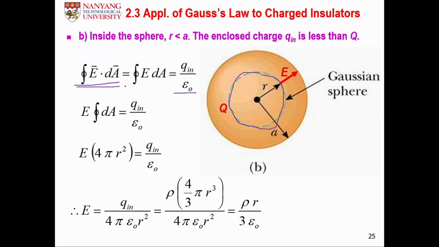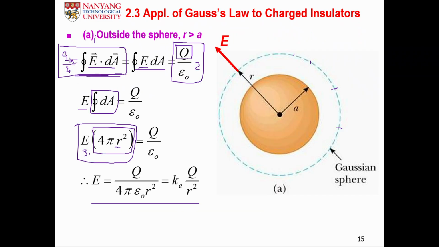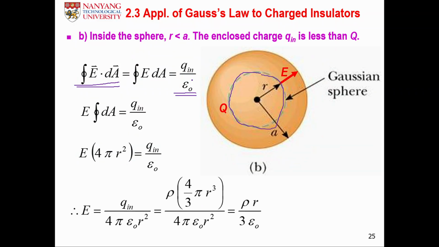The integration equals this, right? And the second step, of course, you can either do this integration first, or you can quantify this Q in first. Like in this case, for this integration part, exactly the same reason, it should equal this. Now it's just that this r is inside the charged sphere.